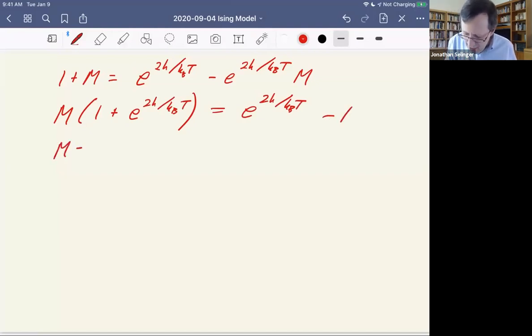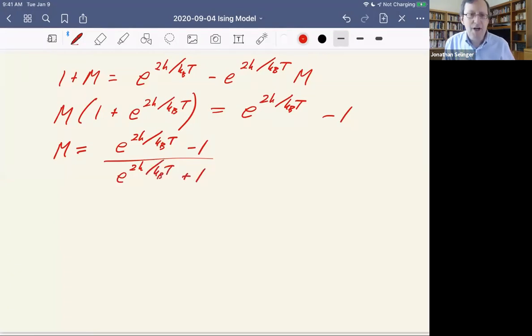So m is equal to e to the 2h over kt minus 1 divided by e to the 2h over kt plus 1.